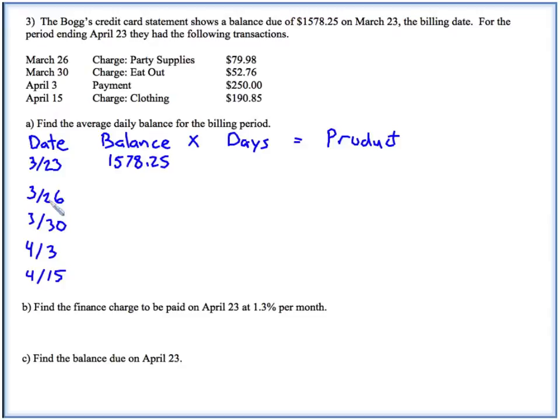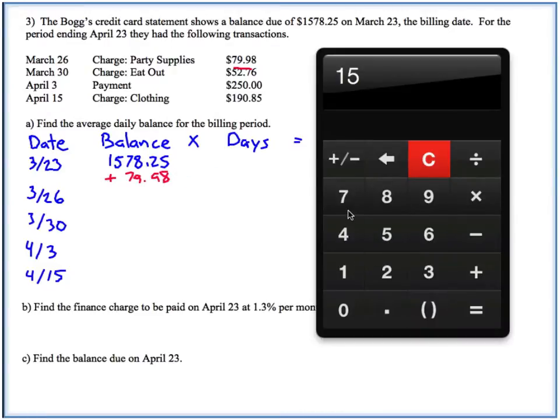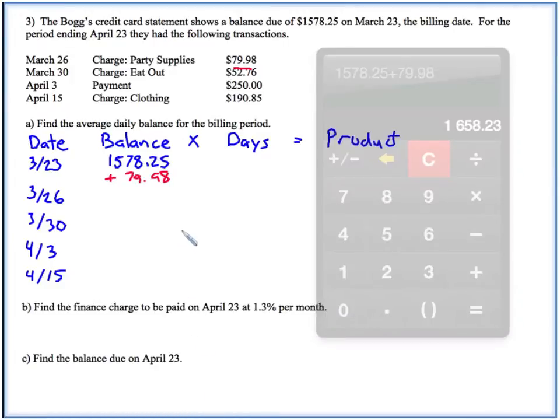Okay, now on March 26th, the balance is going to be plus this charge right here of $79.98. So I'm going to add 79.98 to this. Okay, so my new balance here on March 26th is $1,658.23.